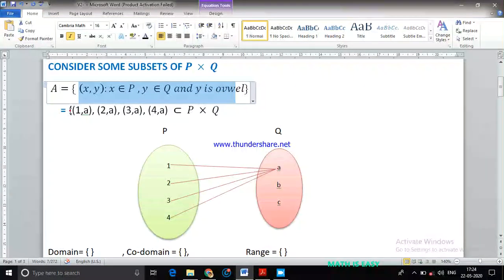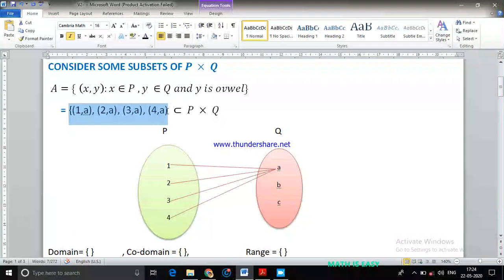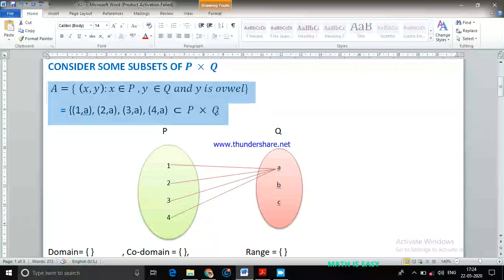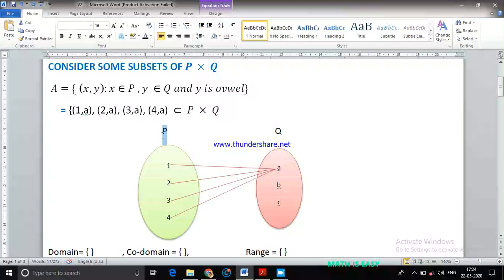Now if I represent this set A diagrammatically, first I take set P as 1, 2, 3, 4, and Q has A, B, C. Now how are the elements of A mapping? 1 is mapping with A, 2 is mapping with A, 3 is mapping with A, and 4 is also mapping with A. Okay, so even this is a subset of P cross Q. Here I am defining this subset with the help of set P and set Q only.